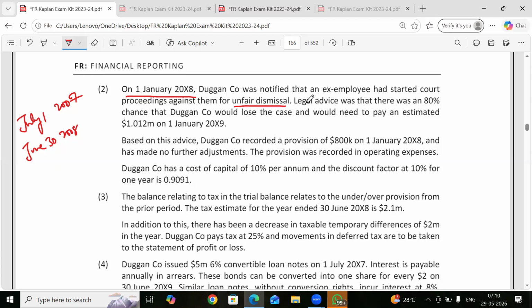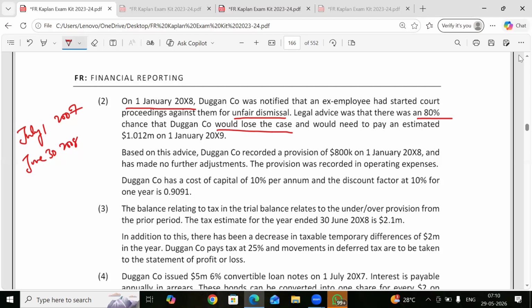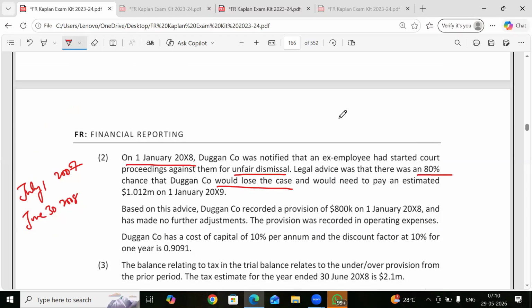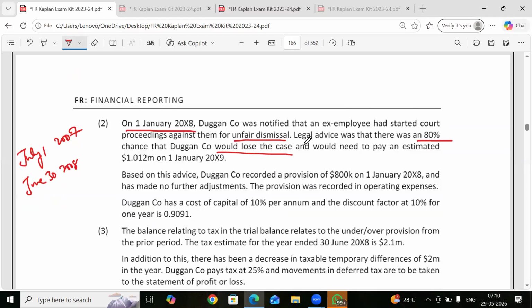And the legal advisor has said that there was an 80% chance that Duggan company would lose the case. So this is a clear case of provision. I will explain why. And they would need to pay an estimated amount of this much on 1st January 2009, after a year.